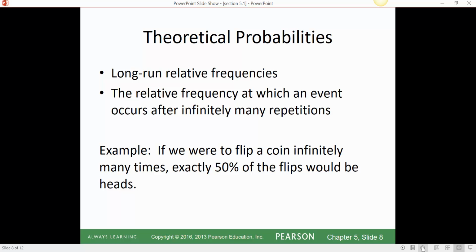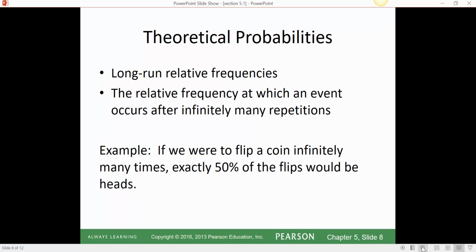Theoretical probabilities, in a sense, are what you get when you conduct an experiment an infinite number of times. For example, it's easy to think about flipping a coin. If you were able to flip a coin an infinite number of times, then you would arrive at 50% of your flips being heads and 50% being tails.